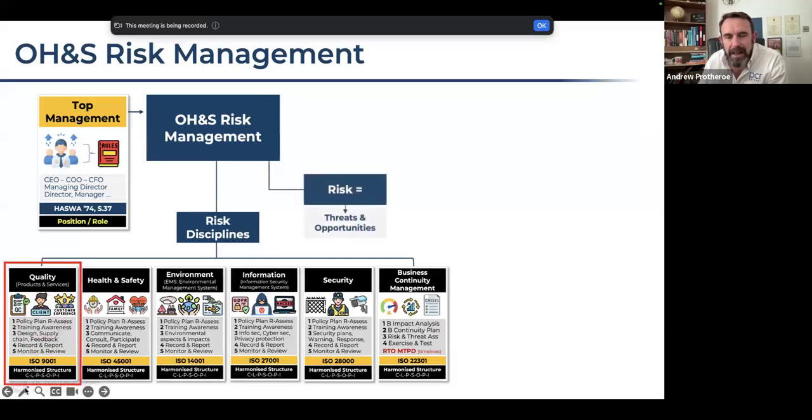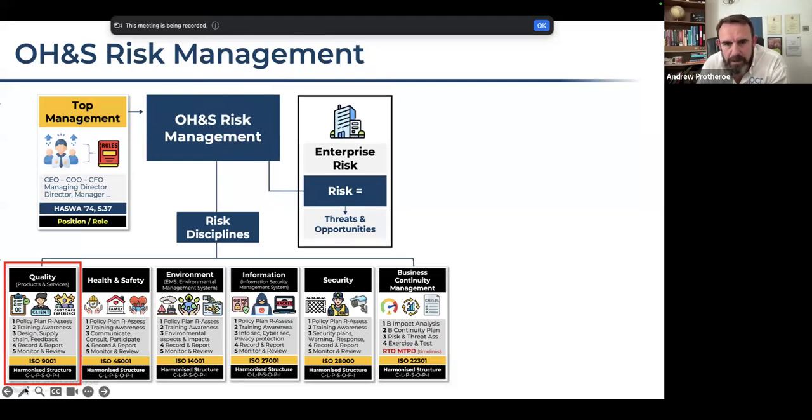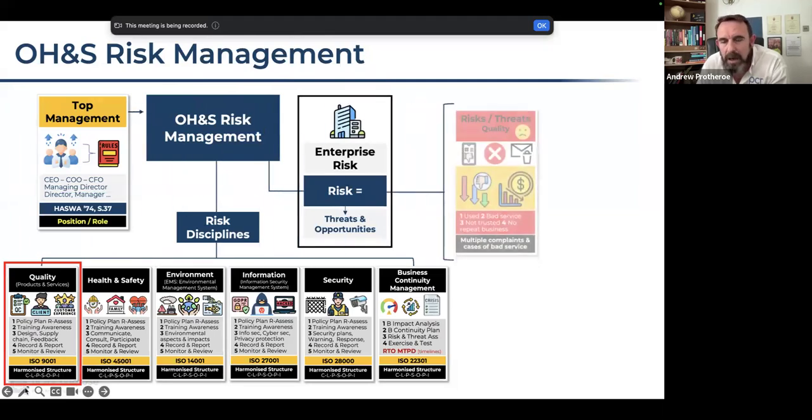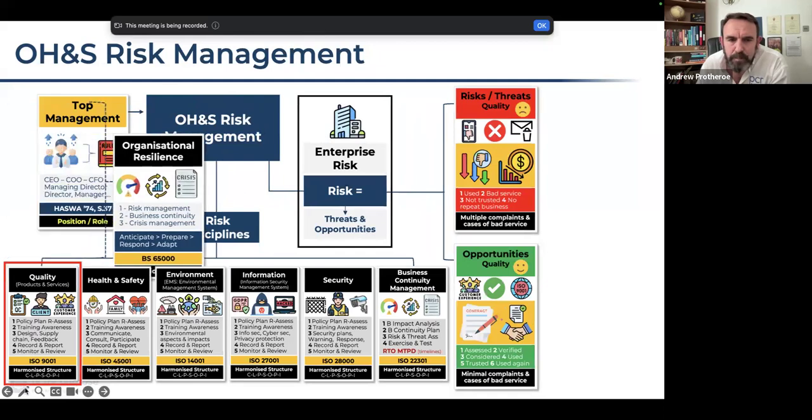But occupational health and safety risk management is one of those disciplines, and the standard talks about threats and opportunities. It does talk about hazards, of course, but threats and opportunities are really important because that's part of enterprise risk management. And anybody who knows ISO 31000 will be familiar with the terms threats and opportunities.